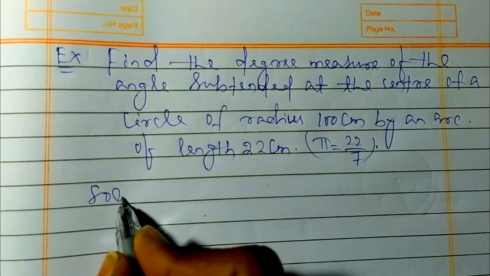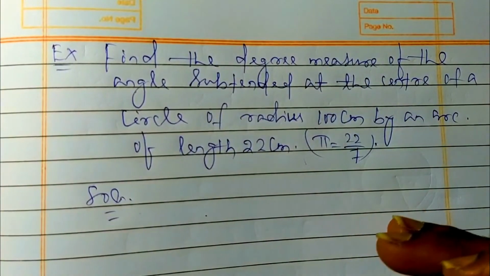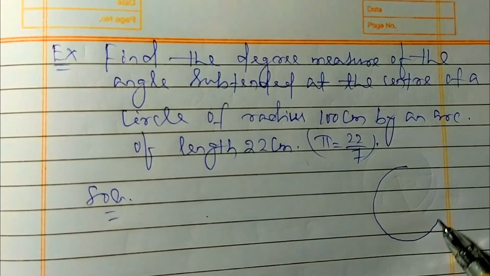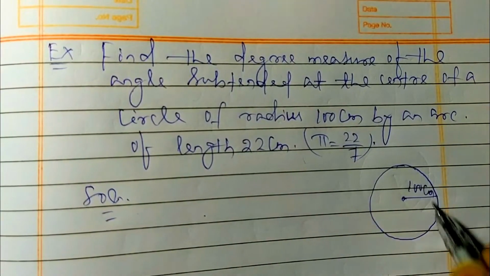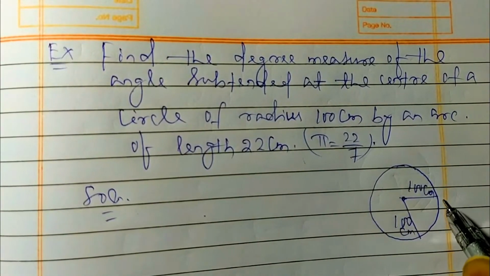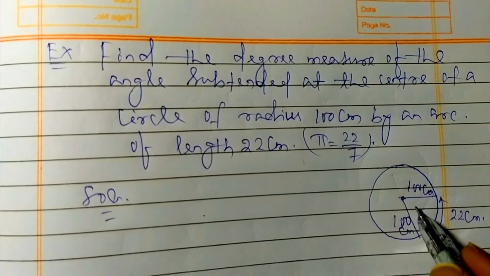Radius is given 100 centimeter, and arc length is 22 centimeter. We will find out the theta.